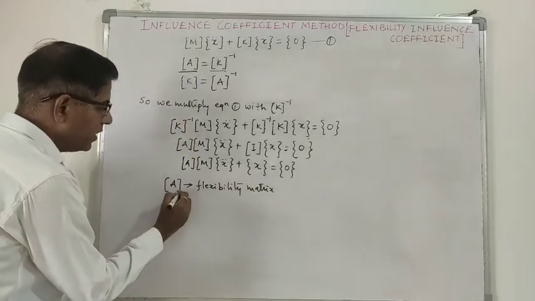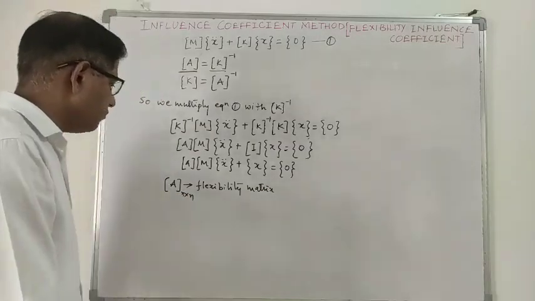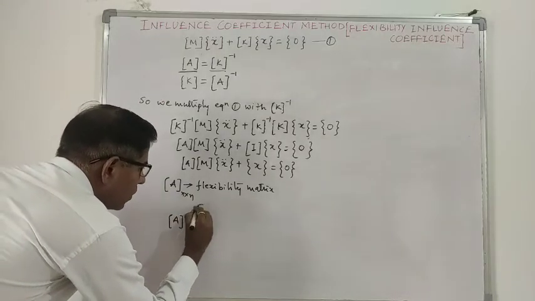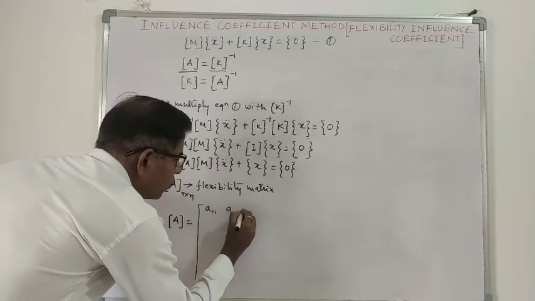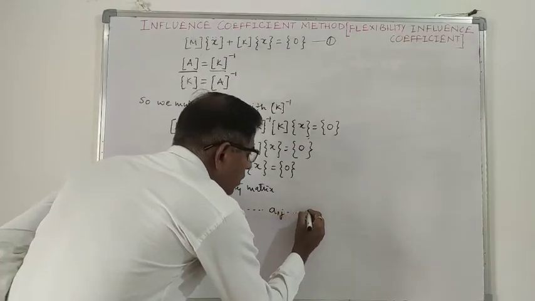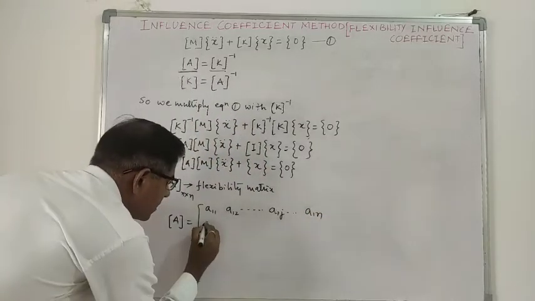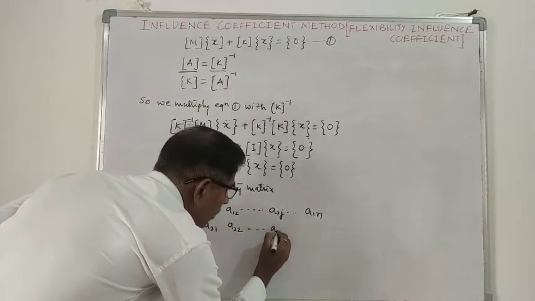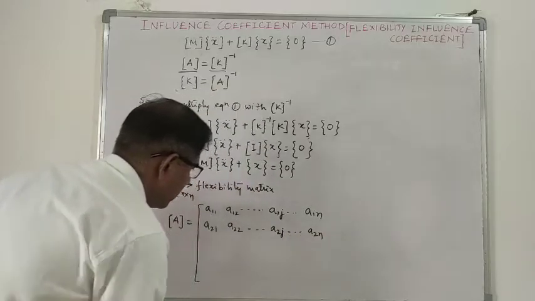Its size will be n by n, where n is the number of degrees of freedom. Now this A matrix will look like A11, A12 up to A1j up to A1n. Similarly, A21, A22 up to A2j up to A2n.